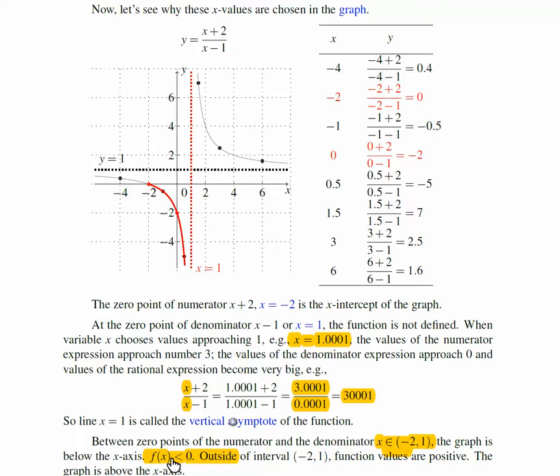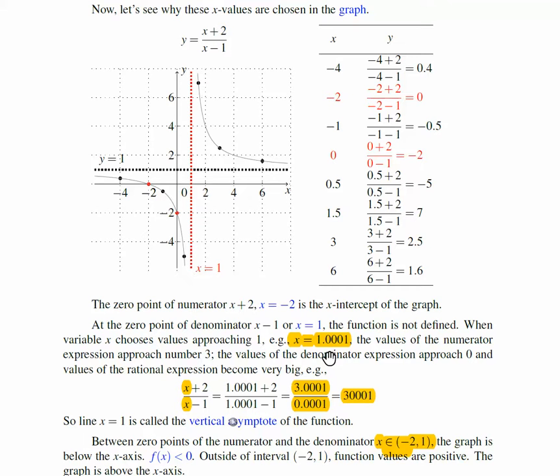You see, when I click on f(x) less than 0, it basically tells you that's this part, between the zero point of the numerator and the zero point of the denominator. Click on that, it gets thicker and then disappears. All right. So let me delete that.